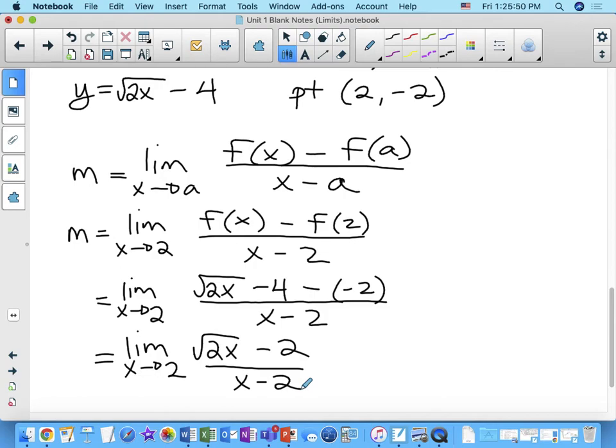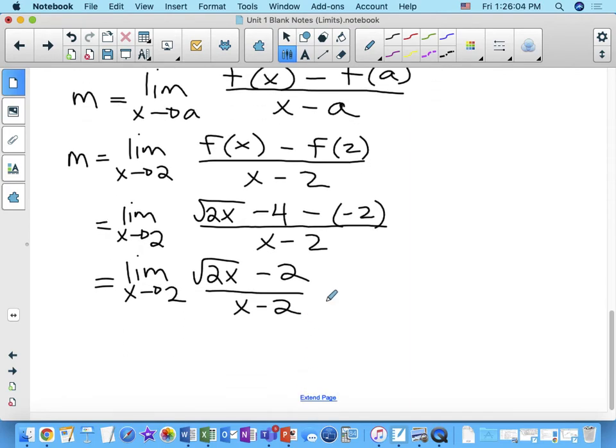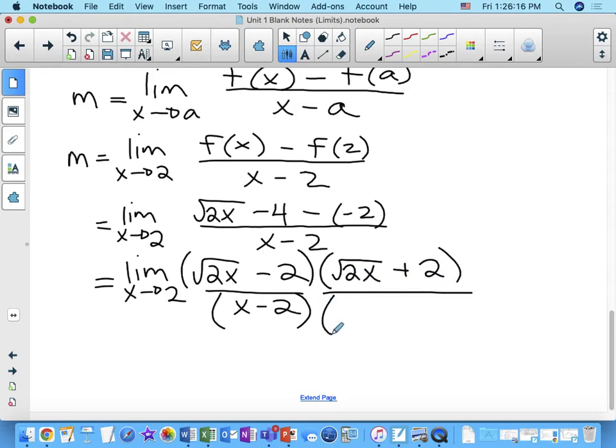Okay, so where are we going to go from here? Conjugate again, yeah. And that's probably because the original function had a radical in it, right? So when that happens, we tend to have to use the conjugate. So we're going to multiply both by the square root of 2x plus 2 over the square root of 2x plus 2.